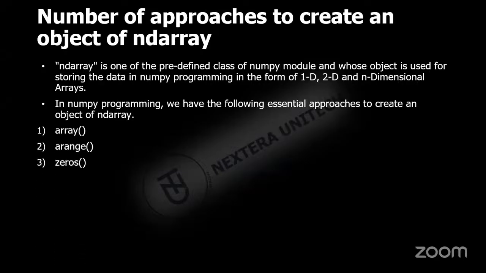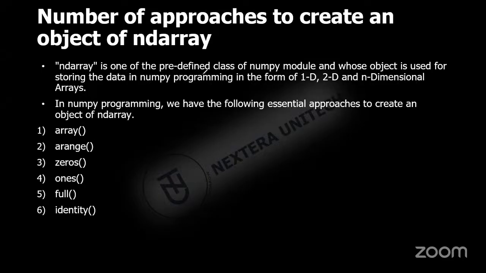Let us understand all the different types of approaches one by one. Here are a few approaches that we have mentioned. We'll be understanding how to create an NDarray object using all of these approaches one by one.